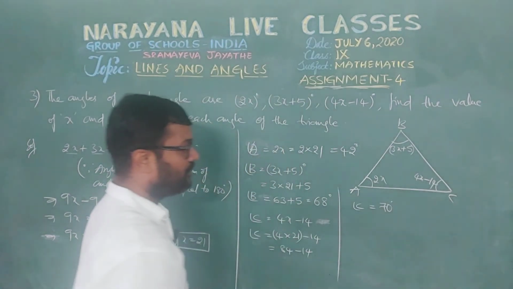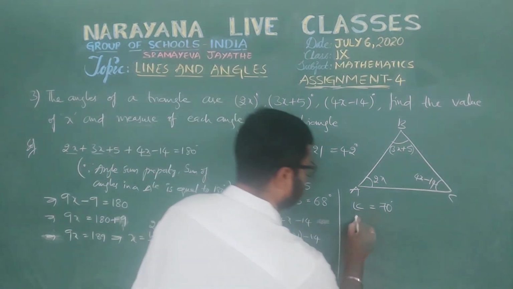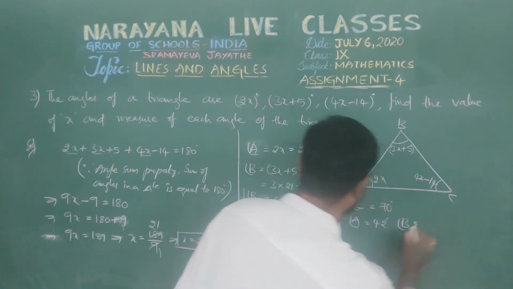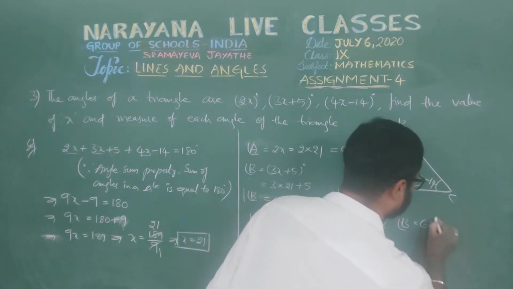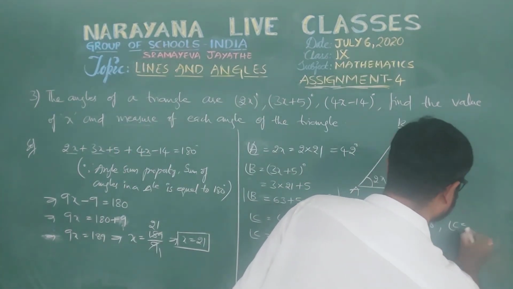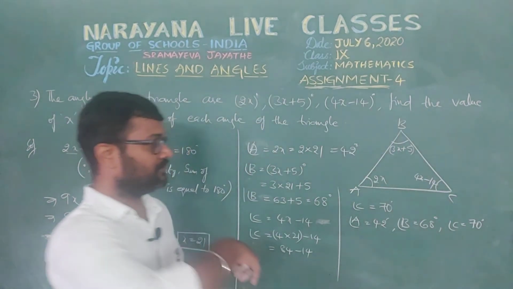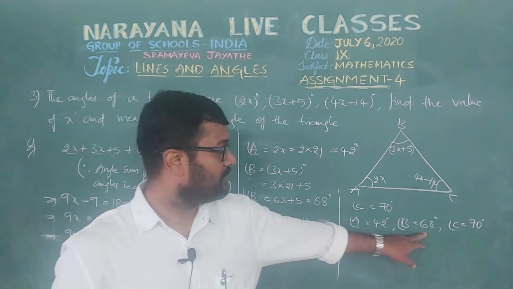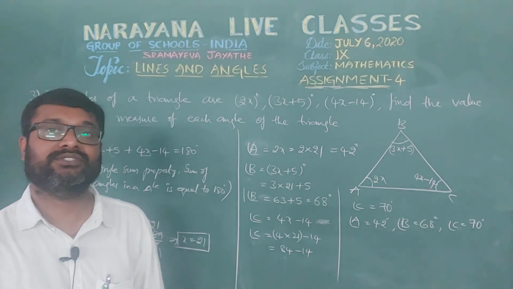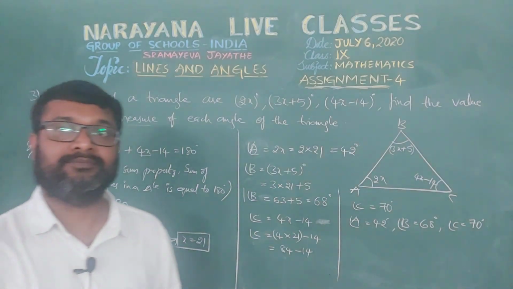Now if you observe here, angle A is equal to 42 degrees, angle B is equal to 68 degrees, and angle C is equal to 70 degrees. If you observe here, 42 plus 68 is 110, 110 plus 70 is 180 degrees. So like this, you can calculate each angle of the triangle.